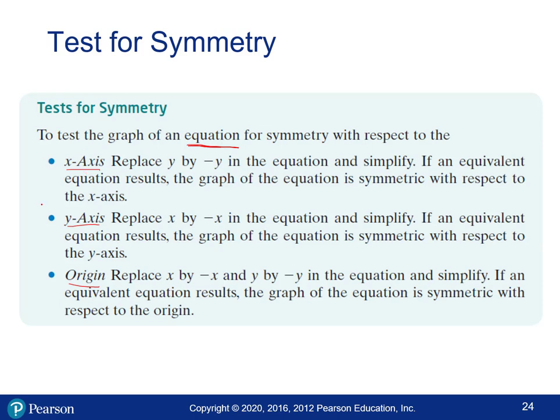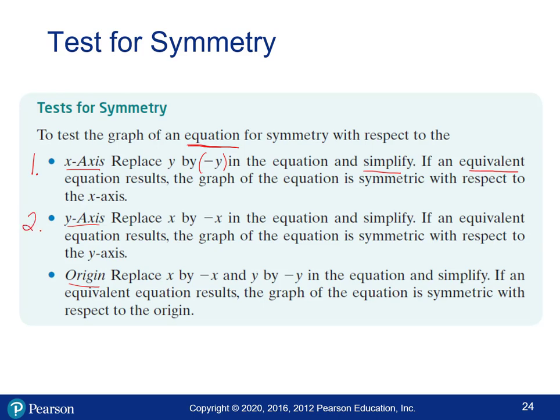So these are the tests for symmetry. There's three separate tests. The one for the x-axis is when you have your equation, plug in a negative y into your equation and then simplify. If you simplify and you get the same as the original equation, so it's equivalent to what you started with, then there is symmetry across the x-axis.